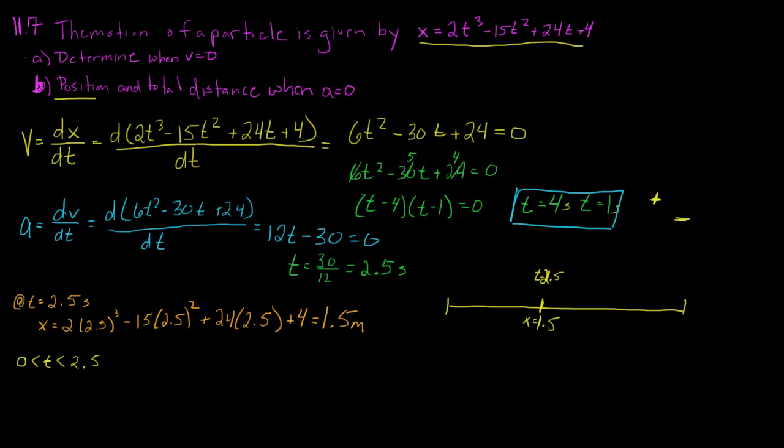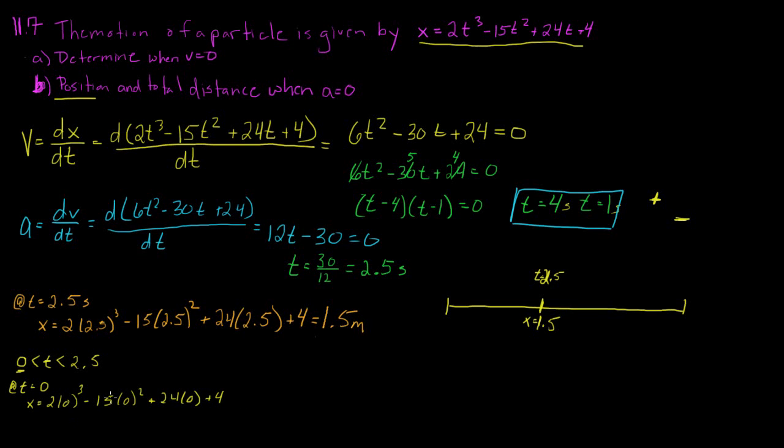And we want to check 0 because that's when we begin. So at t equal to 0, x is equal to 2 times 0 cubed minus 15 times 0 squared plus 24 times 0 plus 4.